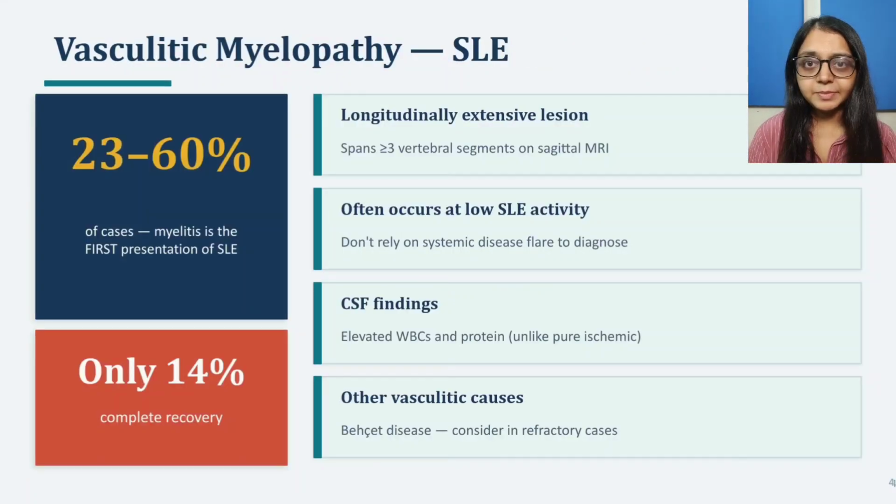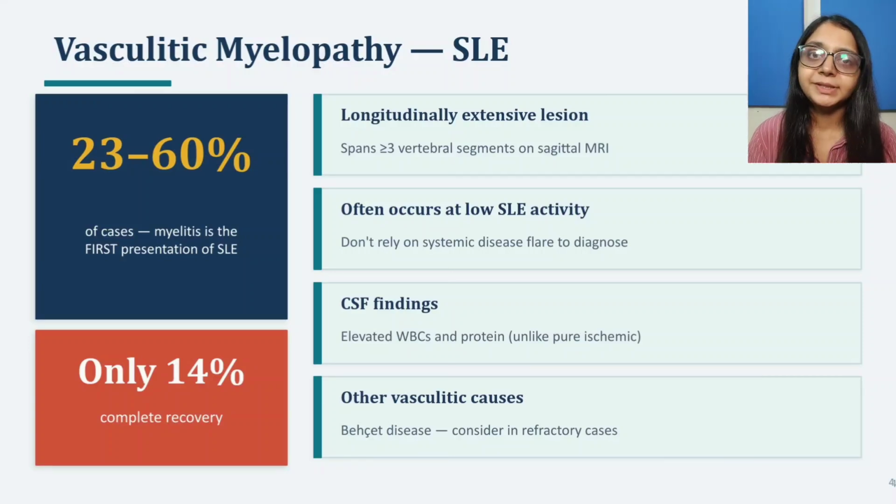Let's talk about SLE myelitis first, because this one has some really important pearls. Most SLE-associated myelitis is longitudinally extensive, meaning the lesion spans multiple spinal cord segments on MRI. Here's the clinical pearl most people miss. In 23 to 60% of cases, spinal cord involvement can be the first manifestation of lupus.